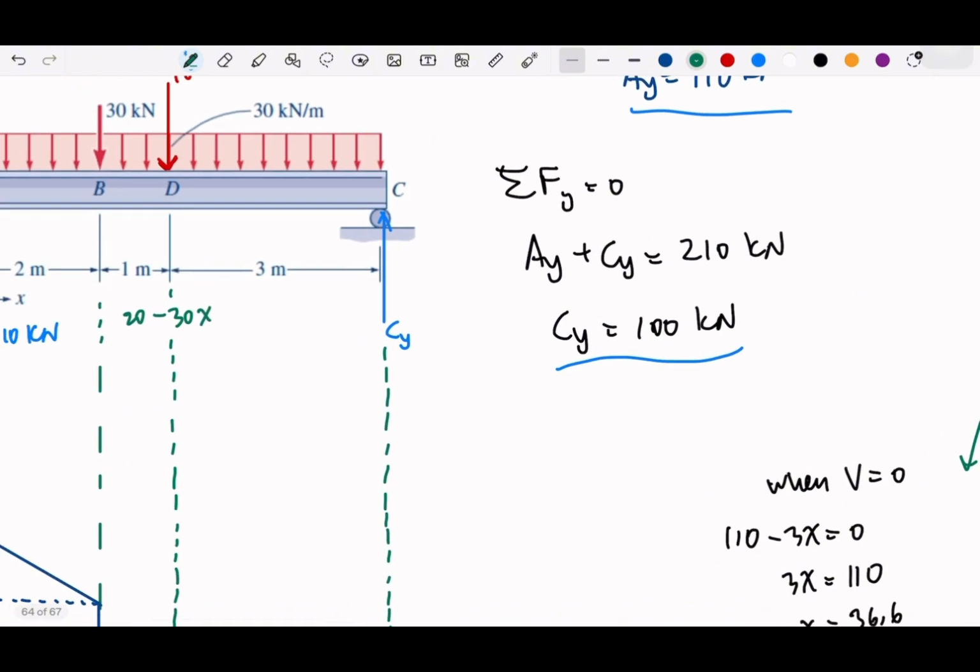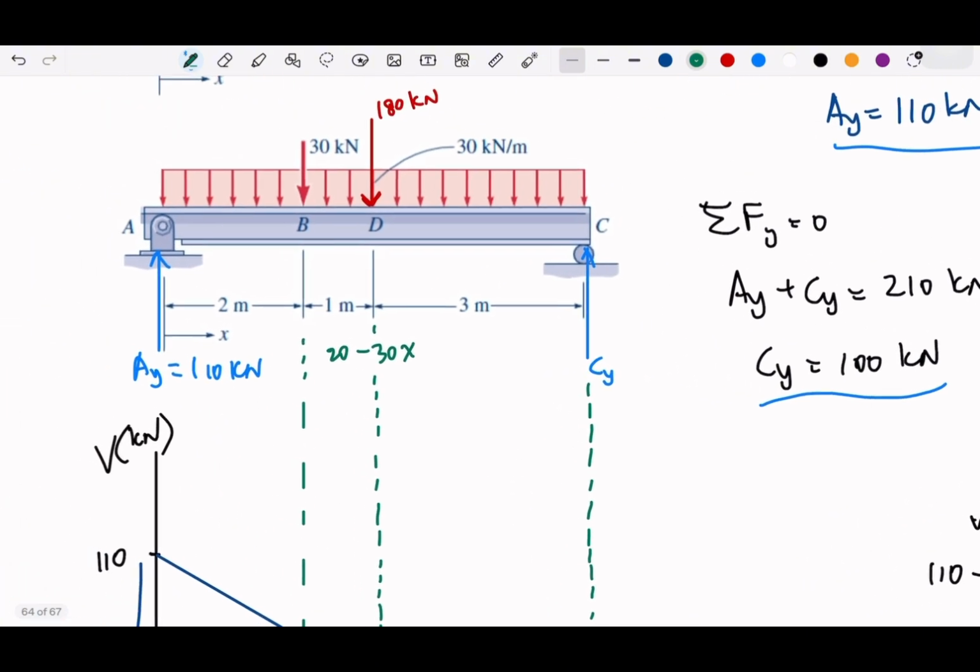Okay. 30 kilonewton per meter. If I multiply this, for BC 4 meters, it's 30 multiplied by 4, which should be 120 kilonewton, right?